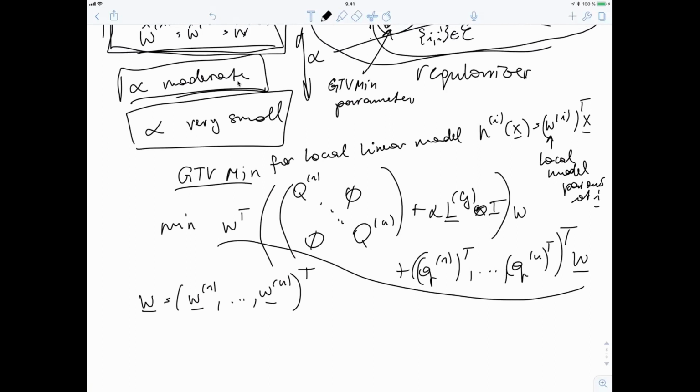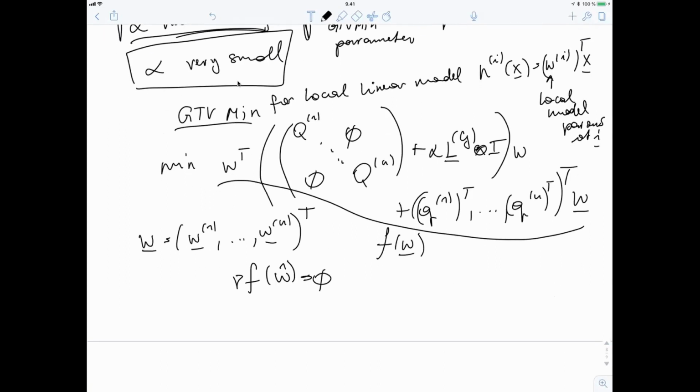Gradient, using gradient. Well, you could say this is the objective function, and you try to find the W such that the gradient is zero, so the optimum is characterized by the zero gradient condition. The gradient of this objective function at the optimal weights should be zero. If you plug this in, you get the optimality condition. Let's call this matrix Q here.